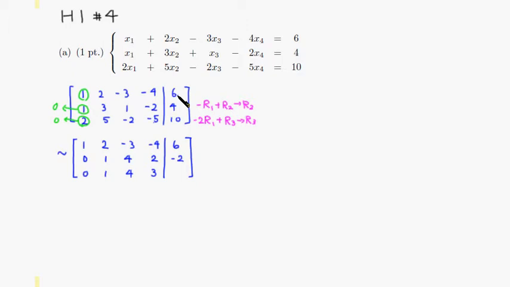Then multiply 6 by -2, which is -12, added to 10, so it's -2.